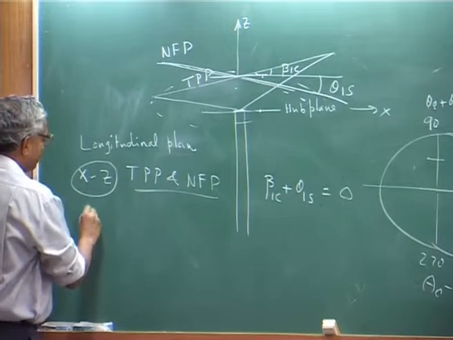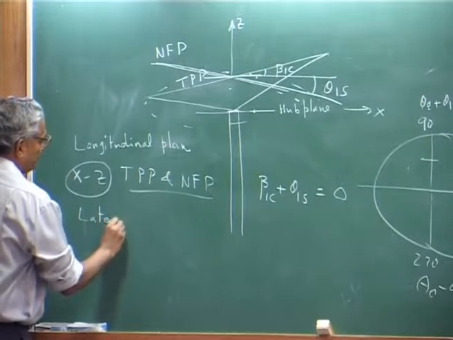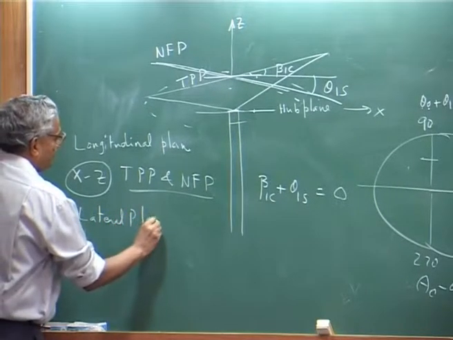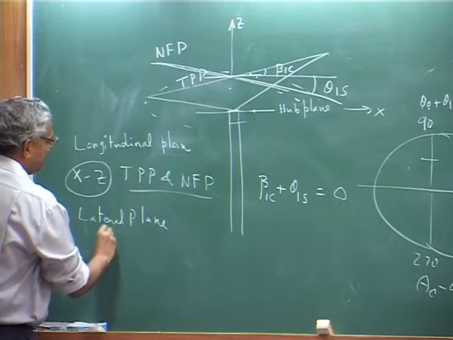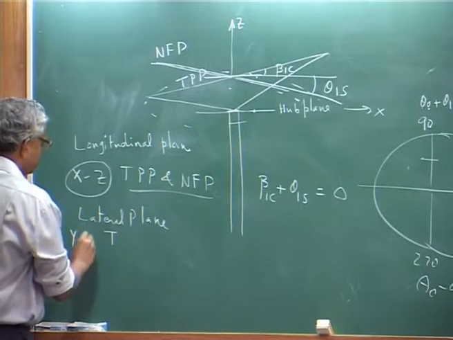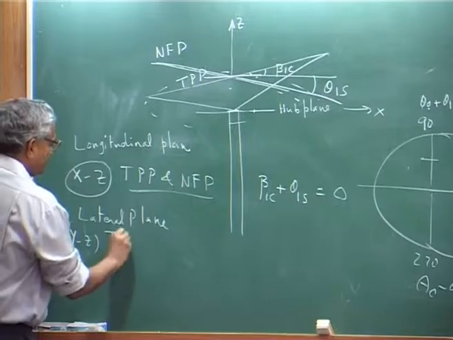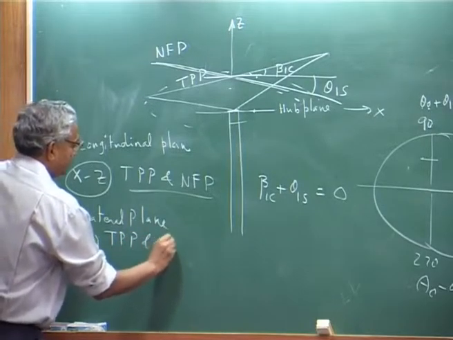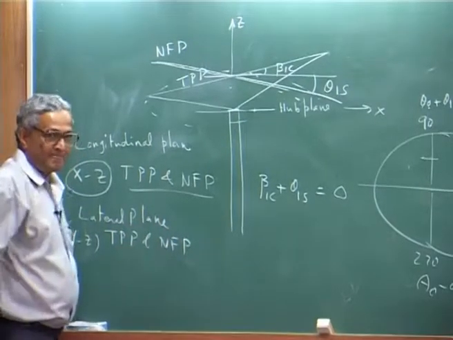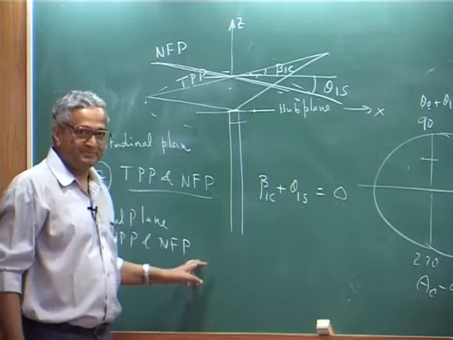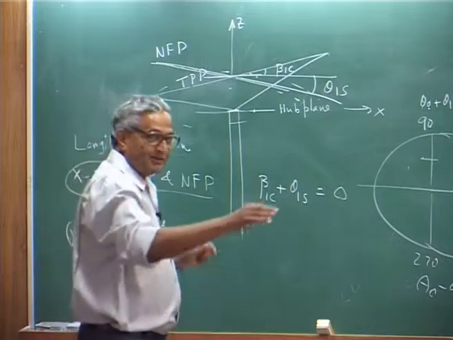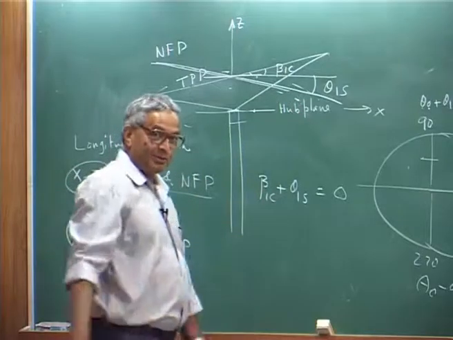And in the lateral plane, that is the y z plane, you will have TPP and NFP. This will be because you are giving beta 1s.